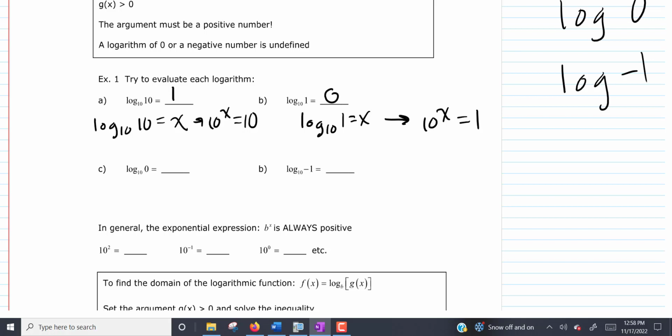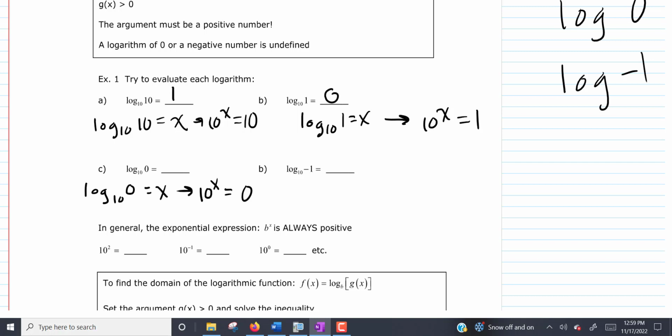Now let's look at what happens if you go to part C. We're going to approach this the same way. We would say log base 10 of 0 equals x. So if you write that as 10 to the x equals 0, well, you're going to run into a problem. It can't be 0 because 10 to the 0 is 1.